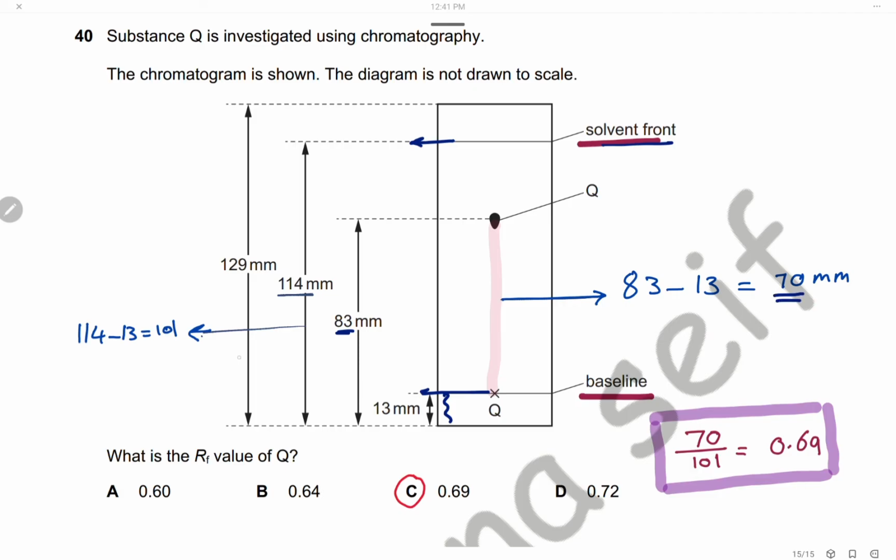We will do the same for the distance moved by the solvent, because we want to start from the baseline. Again, we subtract, 114 minus 13 millimeters, so the distance moved by the solvent is 101. The RF value is 70 divided by 101, which is 0.69, and the answer is C.